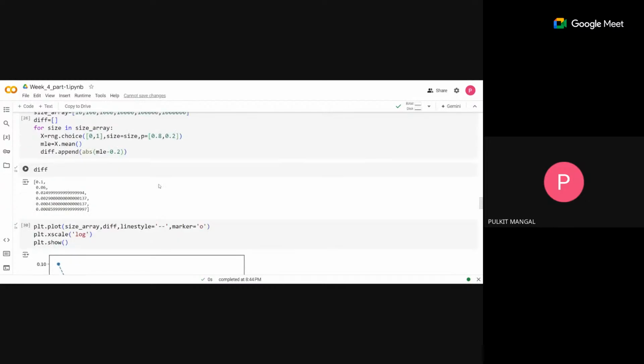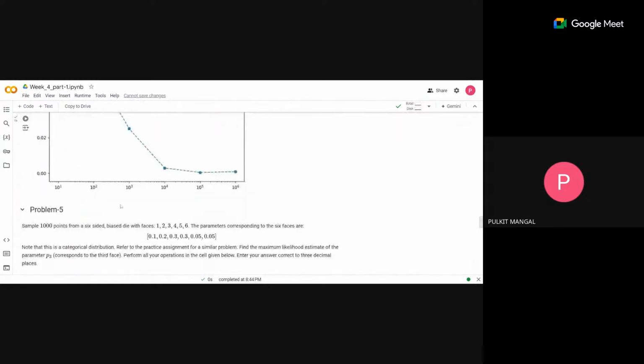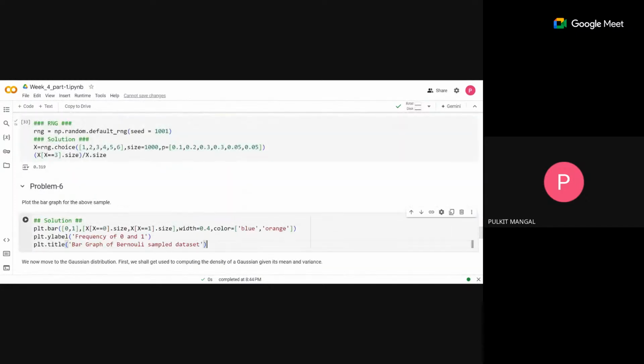So I will just copy and paste my code from the above problem to here.